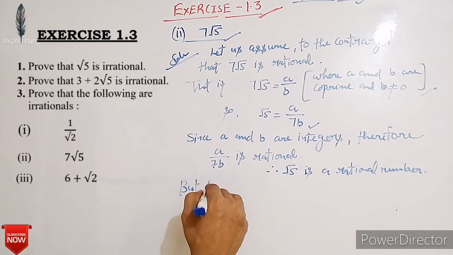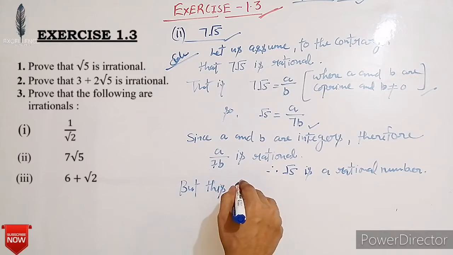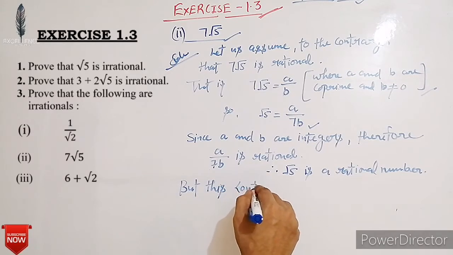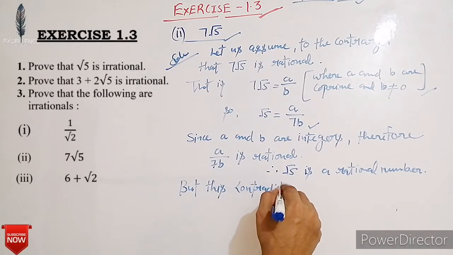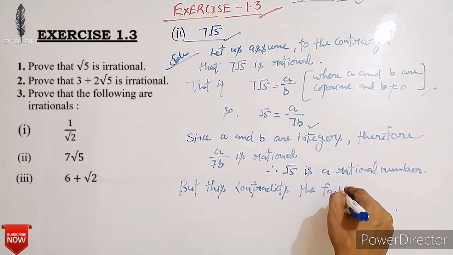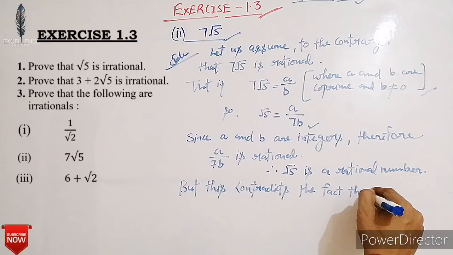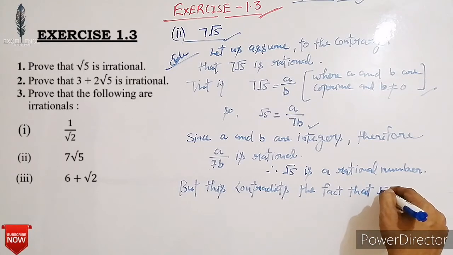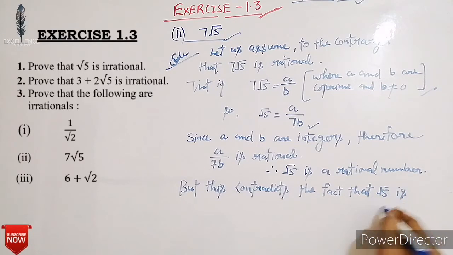But this contradicts the fact that √5 is an irrational number.